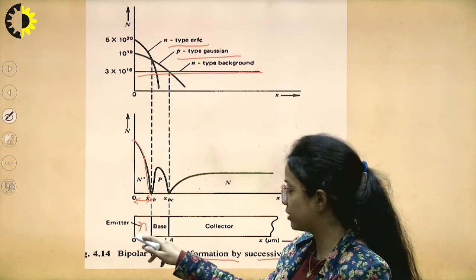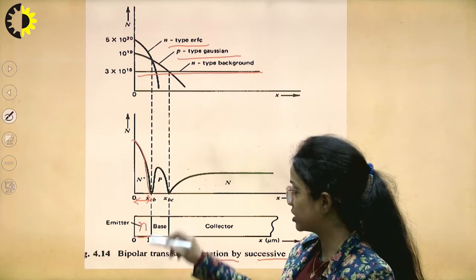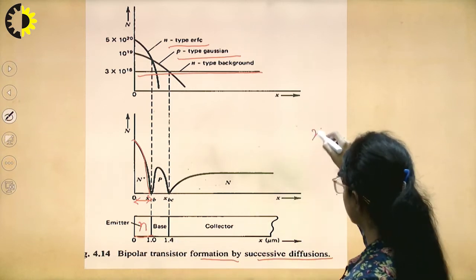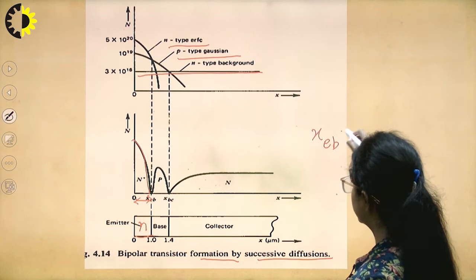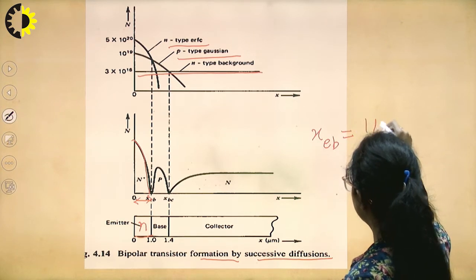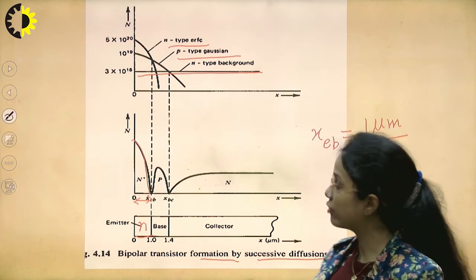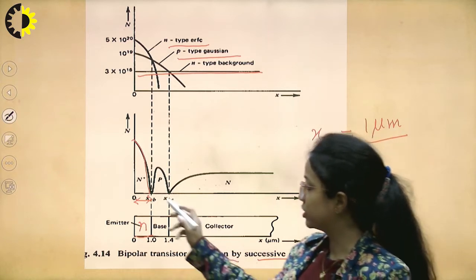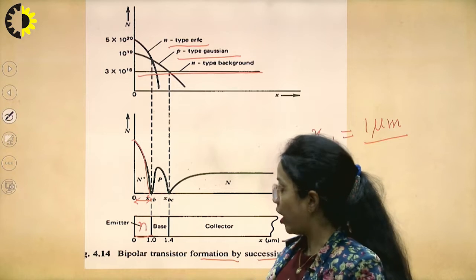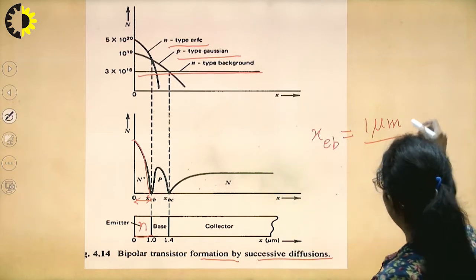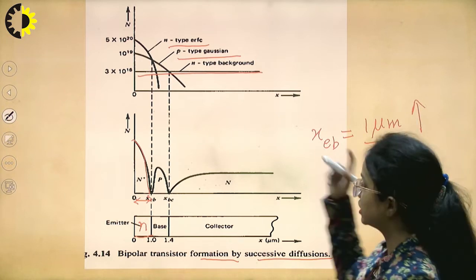When n-type growth has stopped, that means at XEB, the emitter base junction, which is equal to 1 micrometer, we have to stop n-type diffusion. After this, when we move ahead of 1 micrometer, we need p-type.